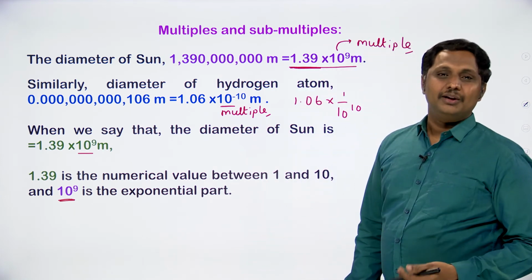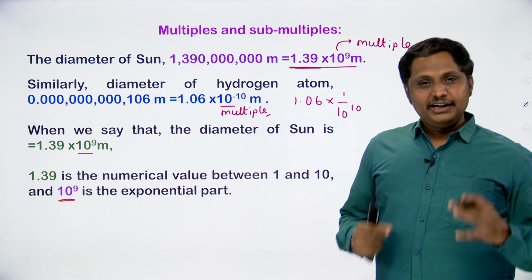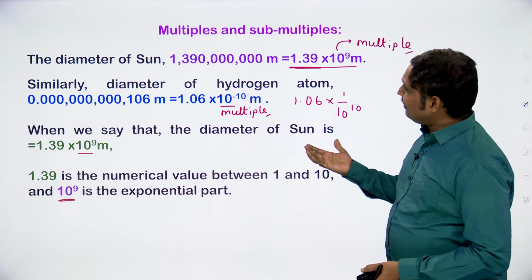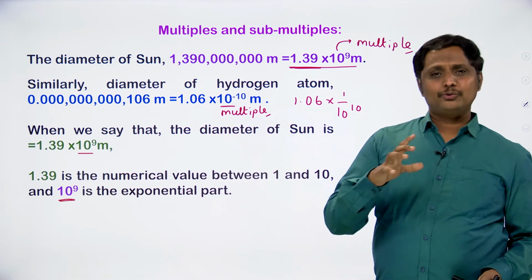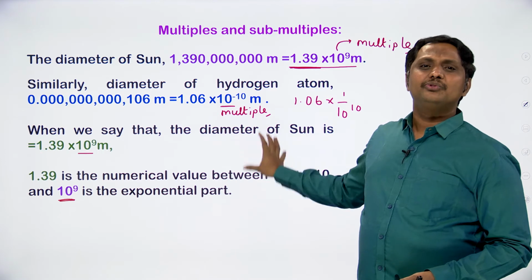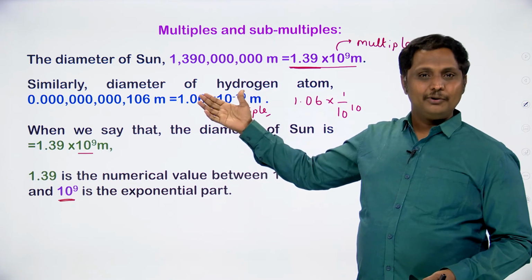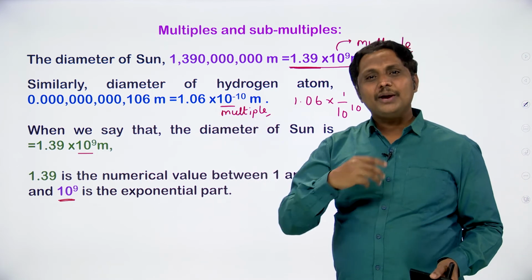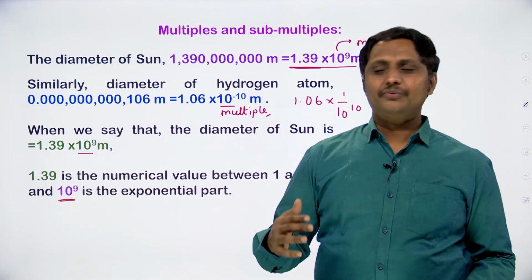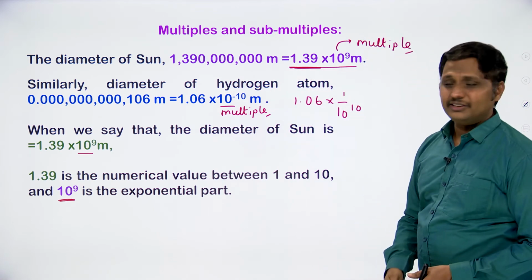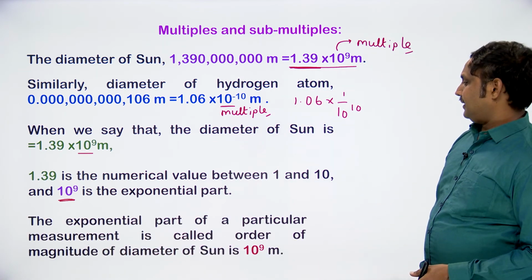So, finally we can conclude that in order to represent microscopic and macroscopic measurements, we use multiples and submultiples. We have to express the value in terms of multiples or submultiples, it is very clear, right.